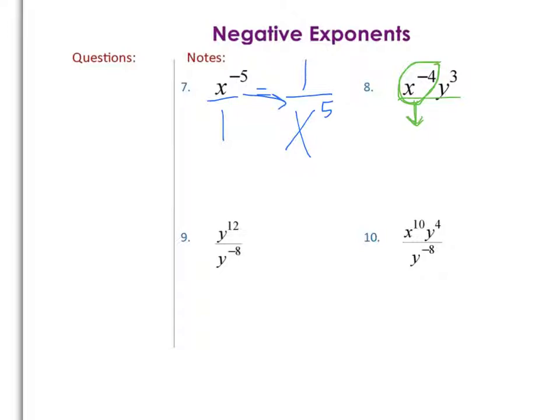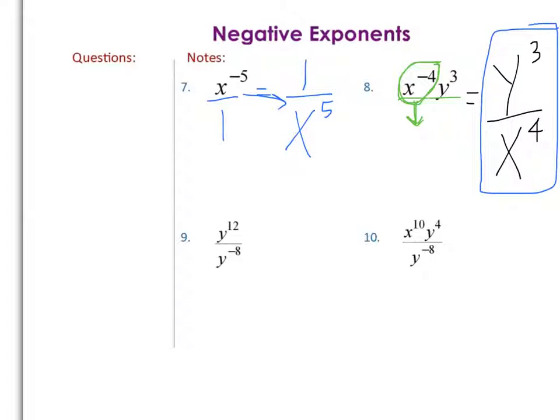That y to the third is positive. The exponent's positive, so it stays on top. But my x with the negative exponent of 4 goes to the bottom to give me y to the third over x to the fourth. Both of those exponents are now positive. If it's positive on top, it stays on top. If it's negative on top, it goes to the bottom.